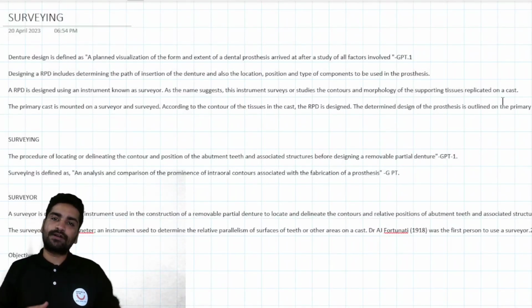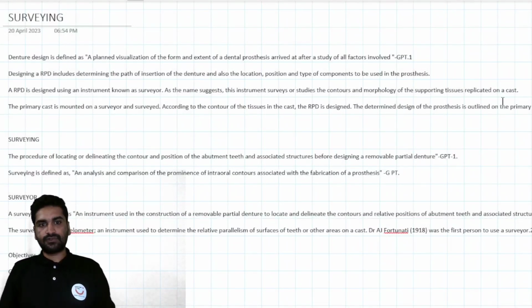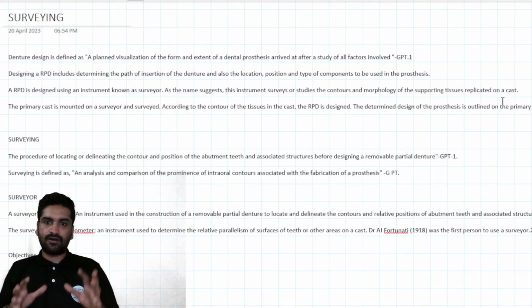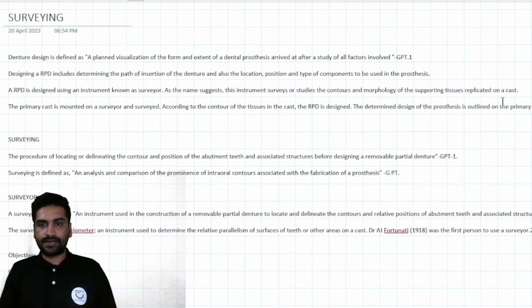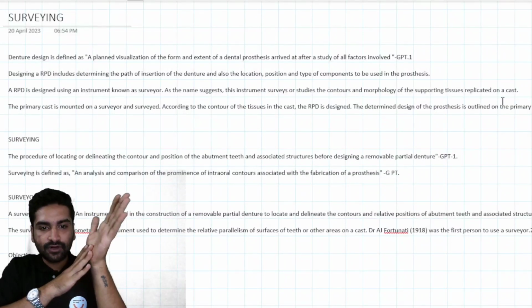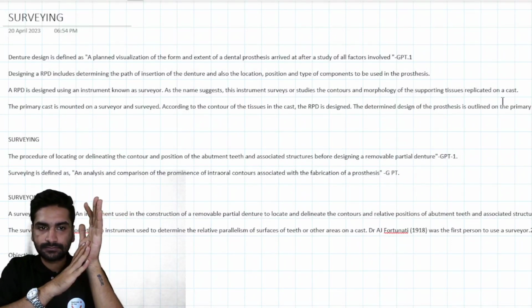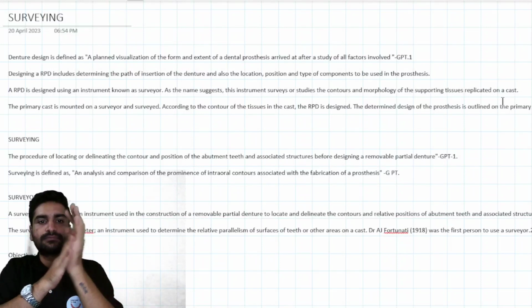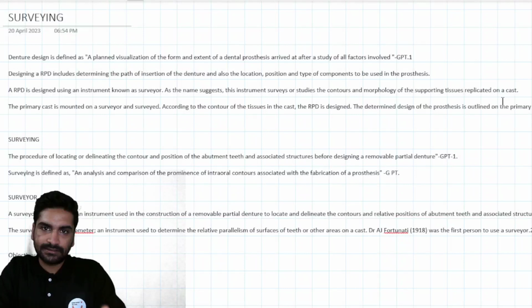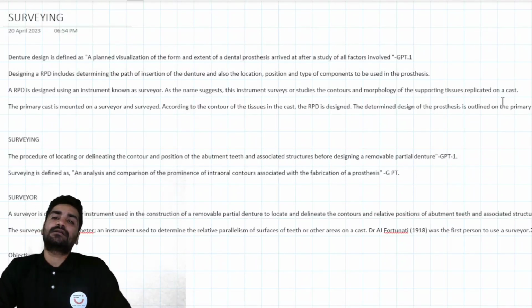Okay, so now what is surveying? Surveying is a planned visualization of form and extent of a dental prosthesis. To do surveying or to make a cast partial denture, we'll have to design the denture accordingly.